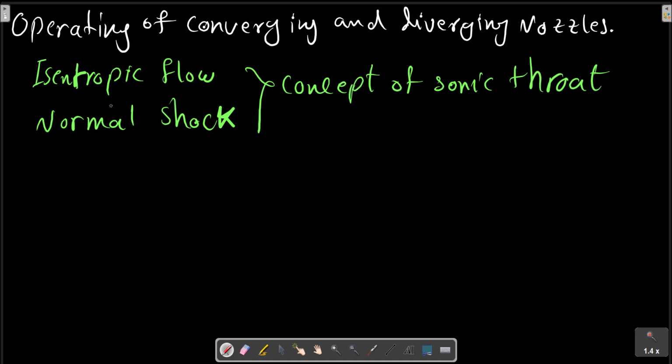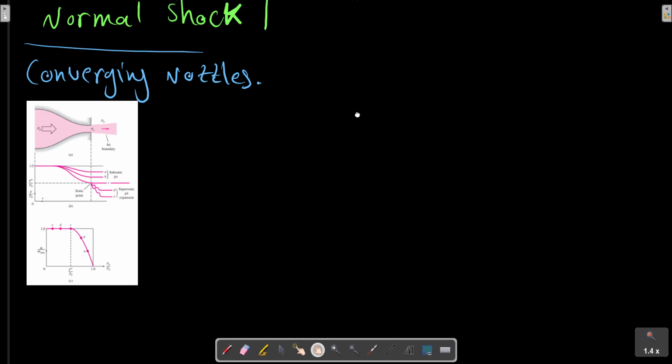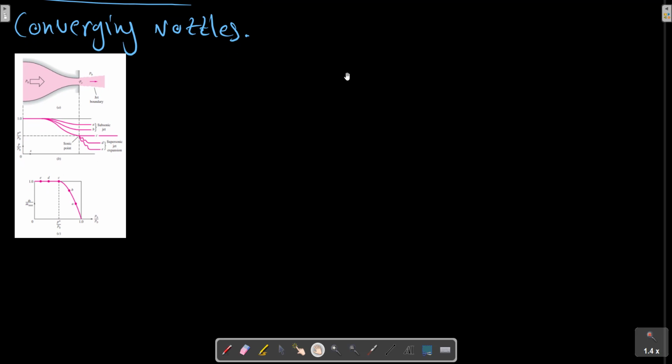At first, consider this picture for converging nozzles. This picture shows the converging nozzle sketch.